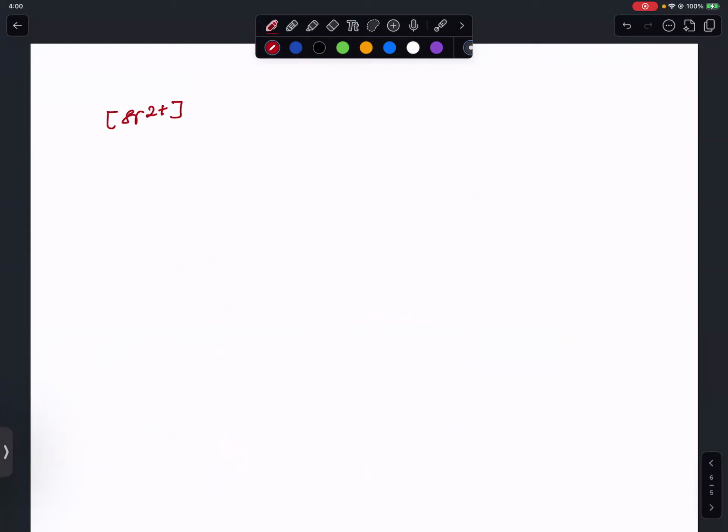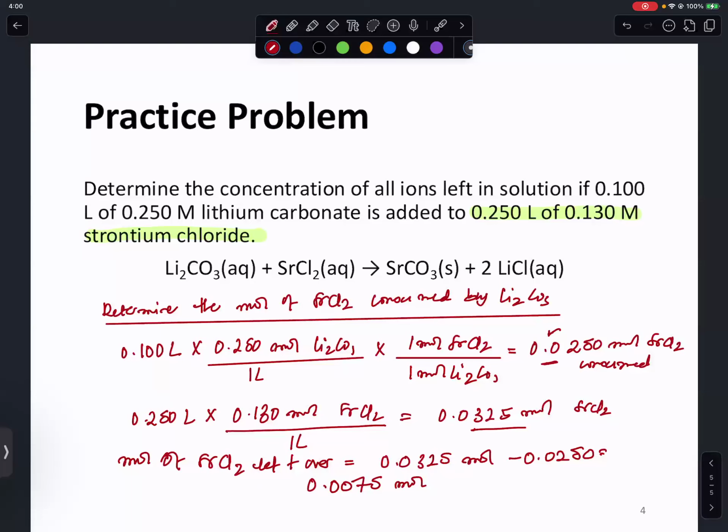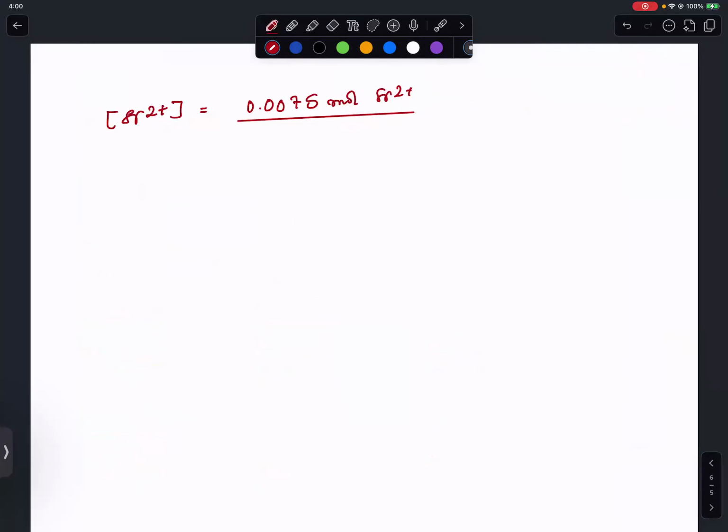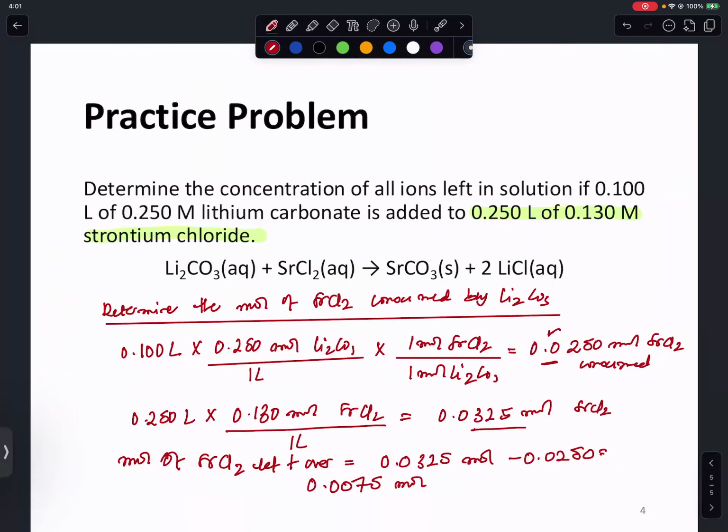In this case, I'm going to take the 0.0075 moles of strontium ions, or this is strontium chloride. I made a mistake, I apologize. I'm going to take the 0.0075 moles of strontium chloride.